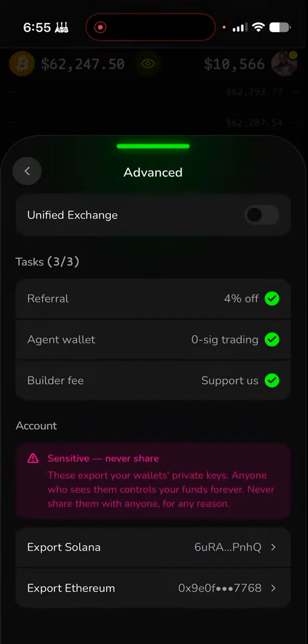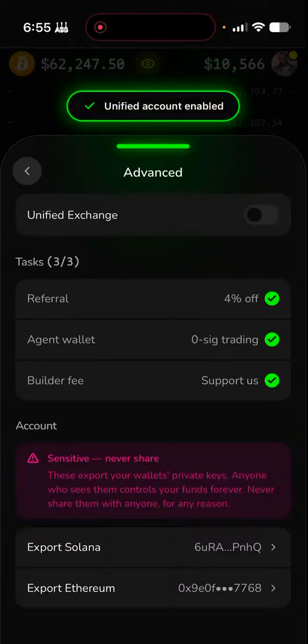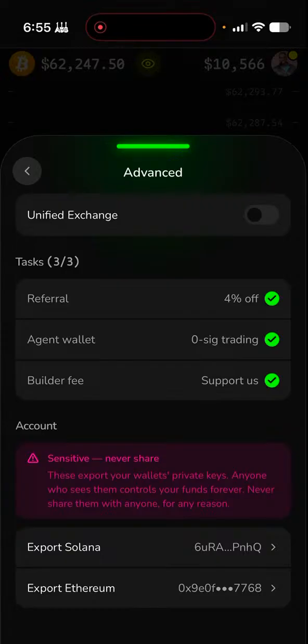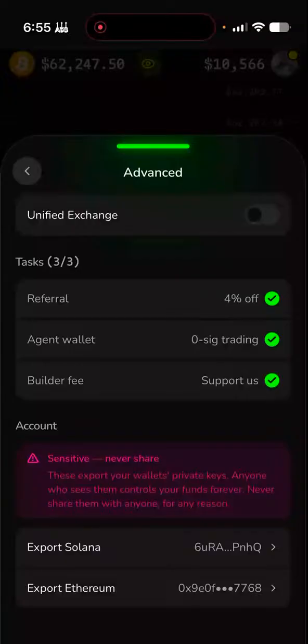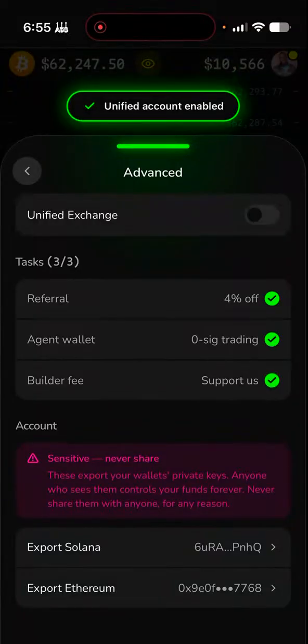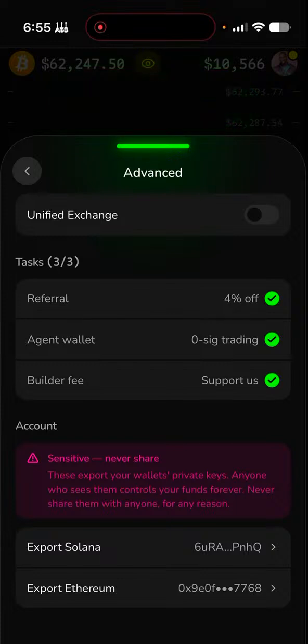Oh, we have an advanced section. So this is just your balance. Oh, we don't have unified on. We need unified on. I need to fix that. We should have unified on by default. Okay. Yeah, so you can just see your tasks, referrals, agent wallet, builder fee.